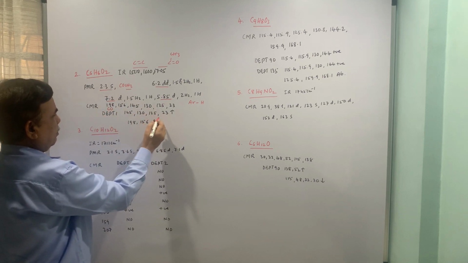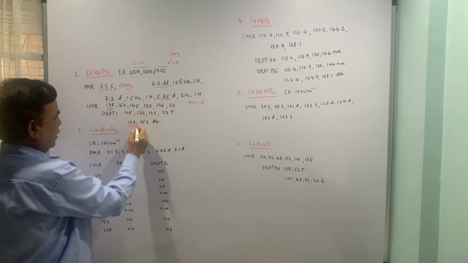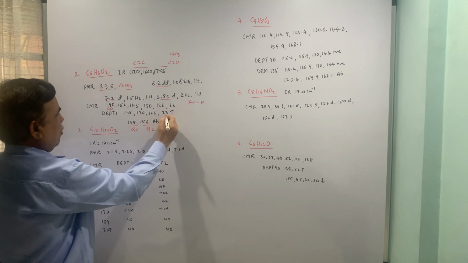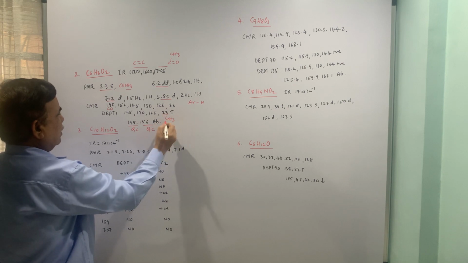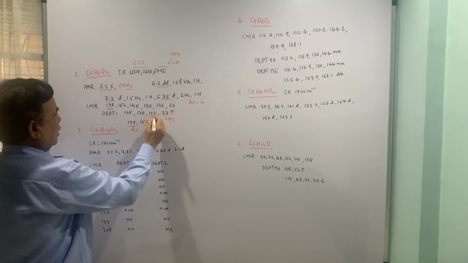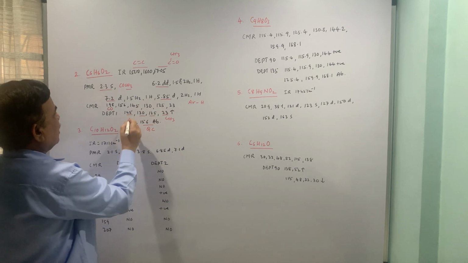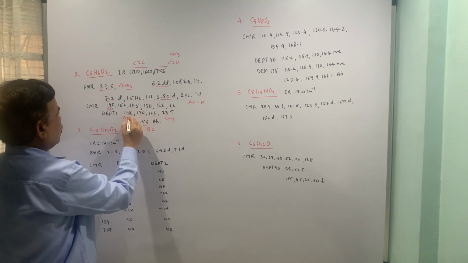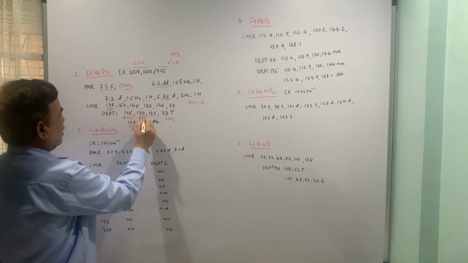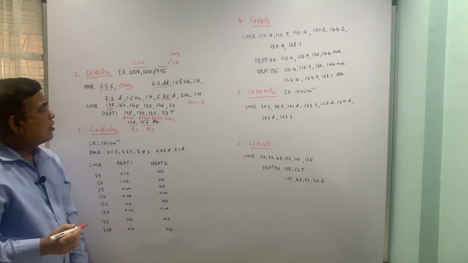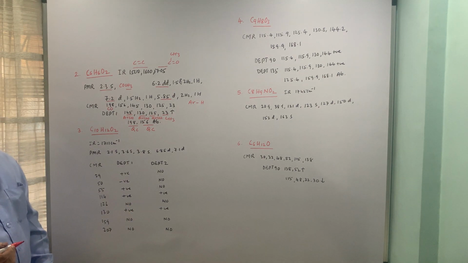Now if you look, this is quaternary carbon, this is quaternary carbon, this is methyl, and these three are ArCH. So 3 aromatic protons are there, 2 oxygens are there.